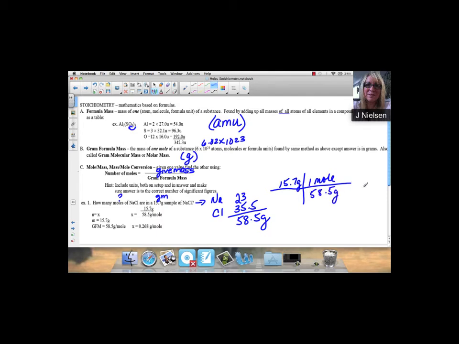Grams are in the bottom, so they cancel with this, and it's the same thing, 15.7 times 1 divided by 58.5 is going to be 0.268 moles. Sorry, that's moles. This is going to cancel, and the answer will just be moles because our grams cancel.